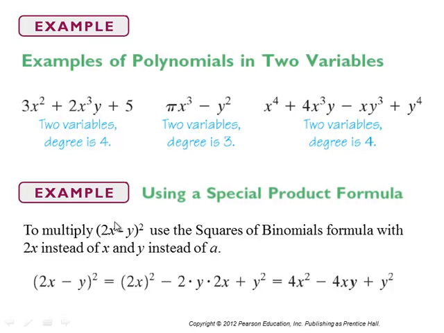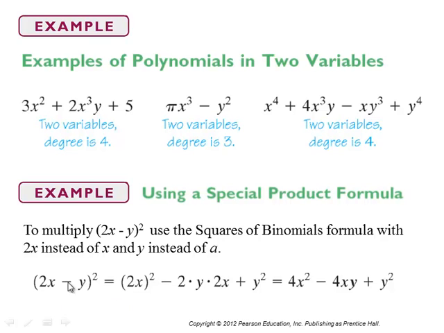Let's take a look. 2x minus y squared. FOIL that out. This is actually a square of a binomial. And this is your result here. Notice that the first term of this product polynomial is the square of 2x, right? 4x squared. And of course, negative y squared is y squared, right?